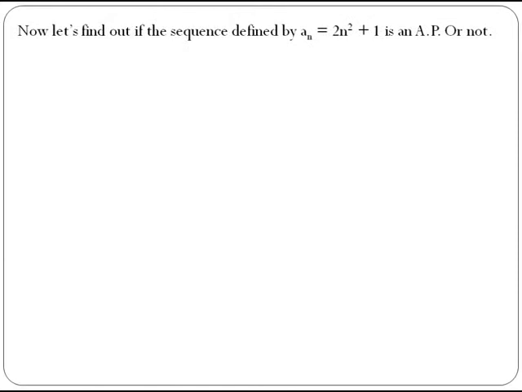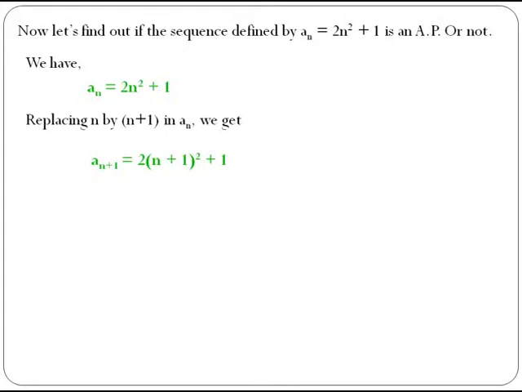Now let's find out if the sequence defined by an equals 2n square plus 1 is an AP or not. First of all, we have an equals 2n square plus 1. Let's now replace n by n plus 1 in an. Replacing it, we get a(n plus 1) equals 2 times (n plus 1) whole square plus 1.